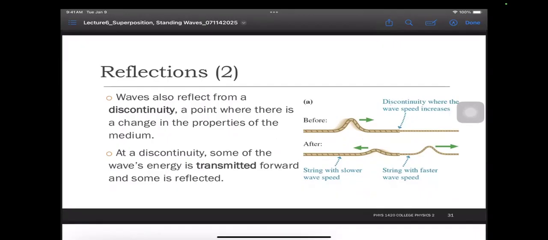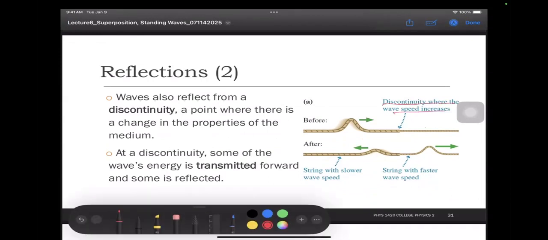Like here, a discontinuity, where the wave speed increases. You can see there are two different media. If this wave meets another, different medium, it will also have a reflection situation.